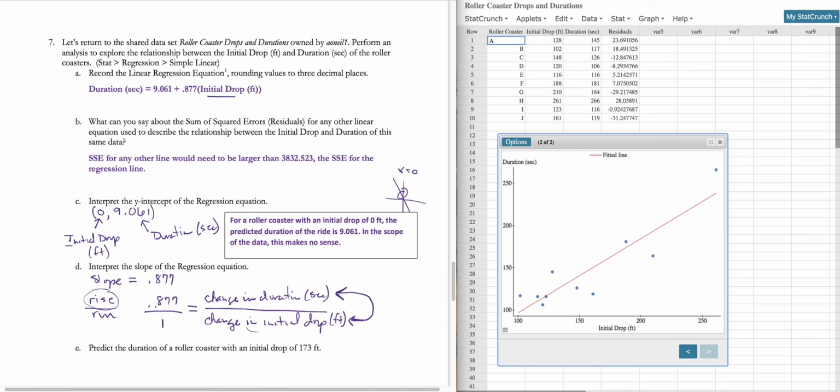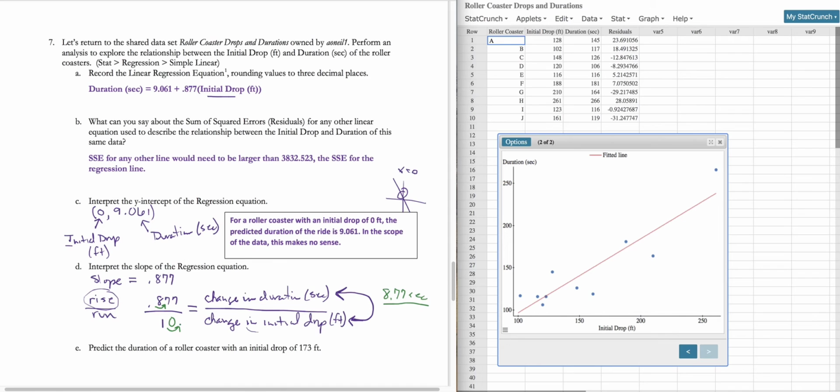So to change our units, or to change our values, really, I'm not changing from seconds and feet, but I am changing my values in this fraction. I'm going to move my decimal point the same number of places in both the top and bottom of this fraction. So if I decide to move it just one place to the right, that gives me a change of 8.7 seconds in the duration of the ride.